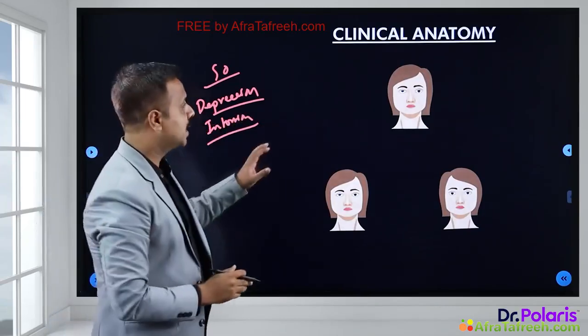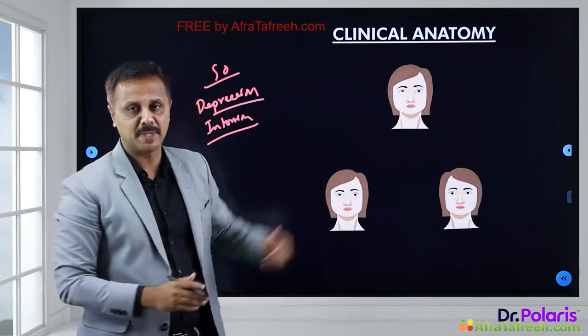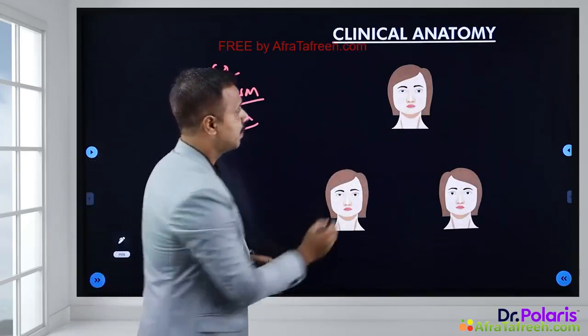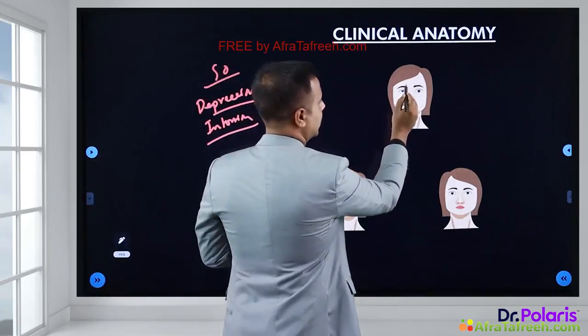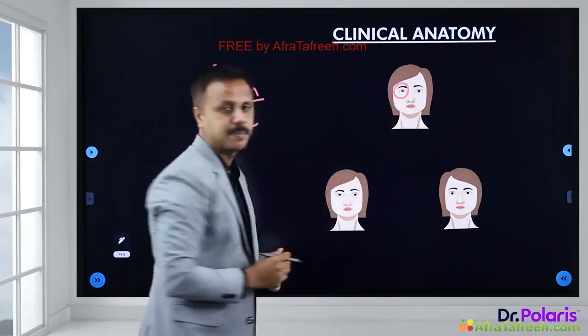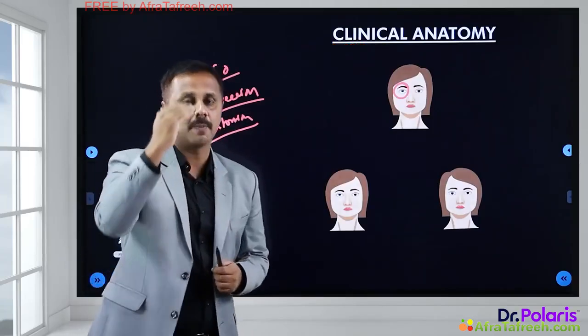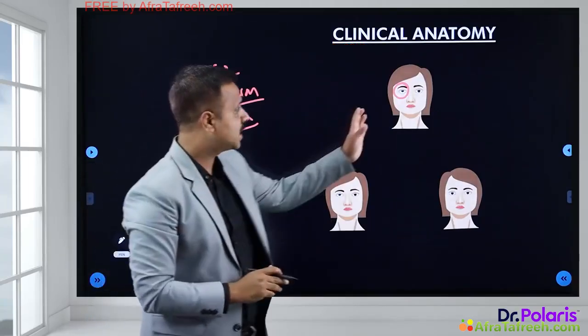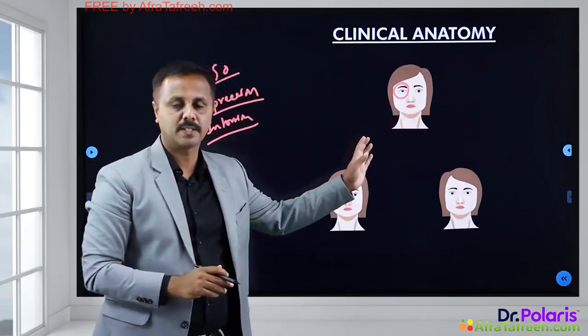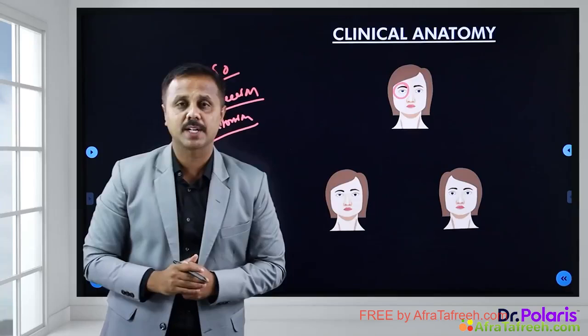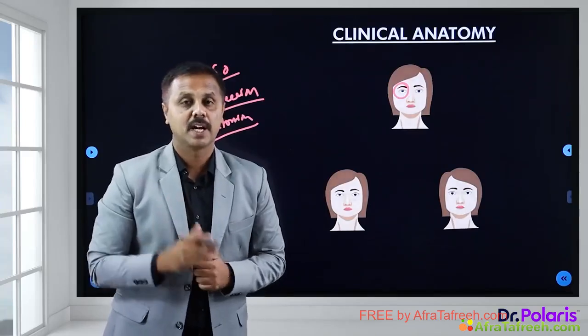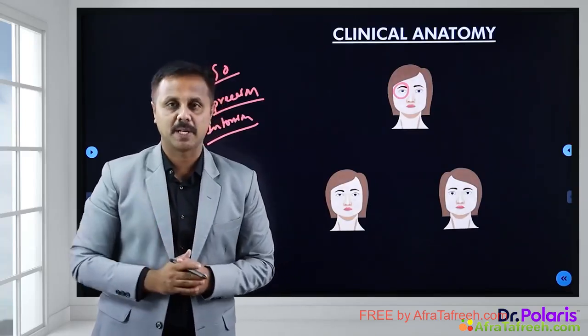So what happens when the superior oblique muscle gets damaged? If you observe the position of the two eyeballs, the eyeball on the right side appears as though it has moved slightly upwards. So there is a change in the visual axis. This is because of unopposed action of the superior rectus and one more muscle, the inferior oblique.